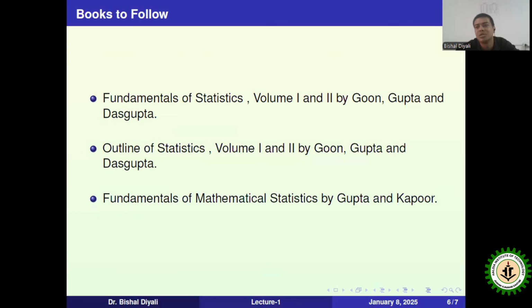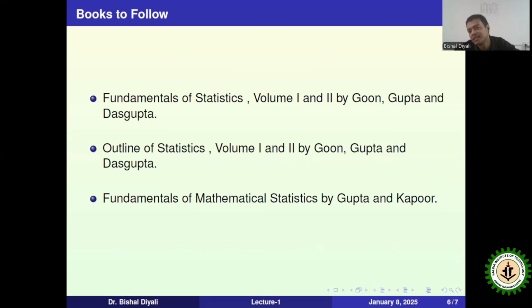It has most of the applications of statistics. If you read those four books, then your knowledge of statistics will be complete. If you want to do research, then you have to read about the current trends of research. But the textbook knowledge of statistics will be complete with these four books.